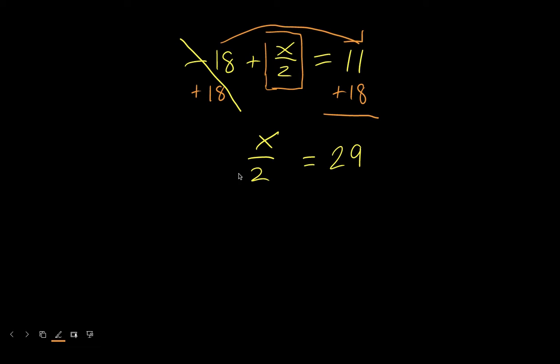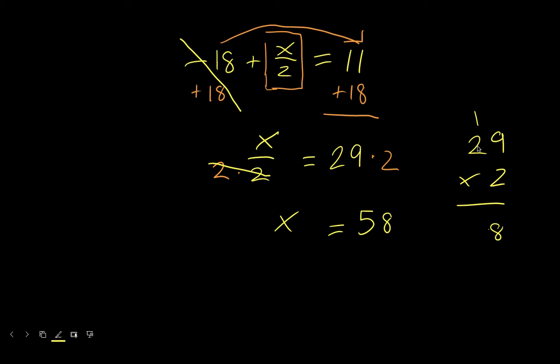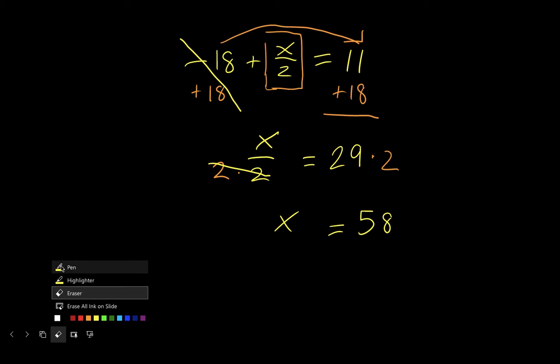We're going to multiply both sides by 2. 2 times 2 will just cancel out. And then 29 times 2 is 58. Check that with math: 9 times 2 is 18, 2 times 2 is 4, and then you have 58 when you add that 1. So x is equal to 58, and let's quickly check this.